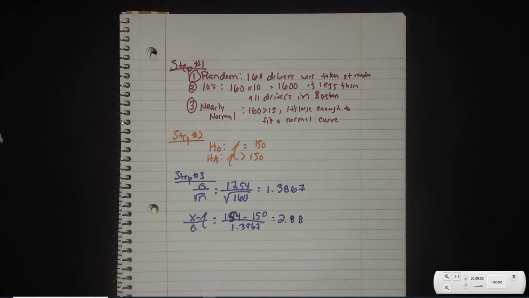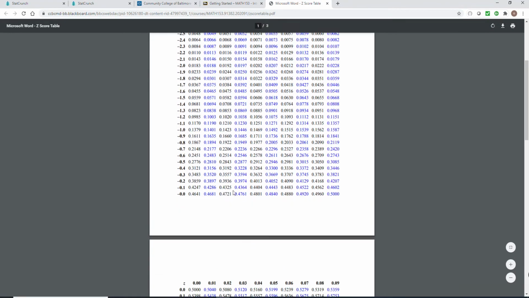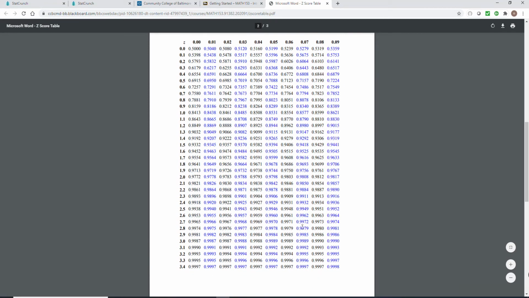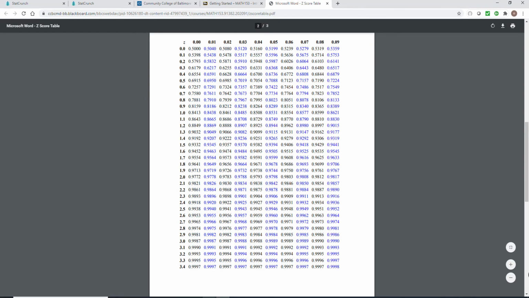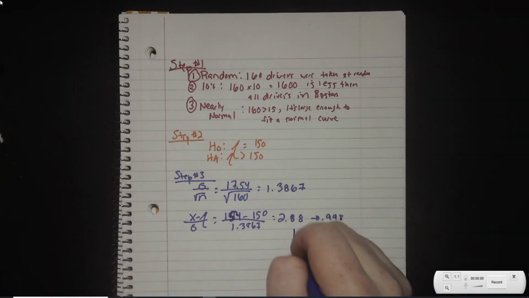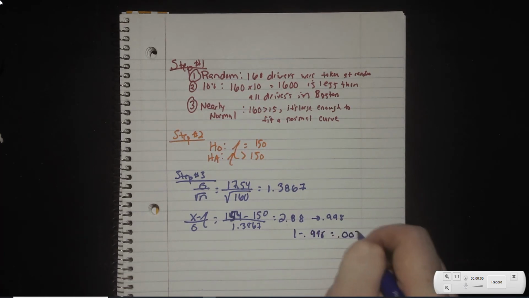And if I jump over to my z-score chart, 2.88 is 0.998. And since it's greater than, we're going to do 1 minus 0.998, which gives me 0.002.